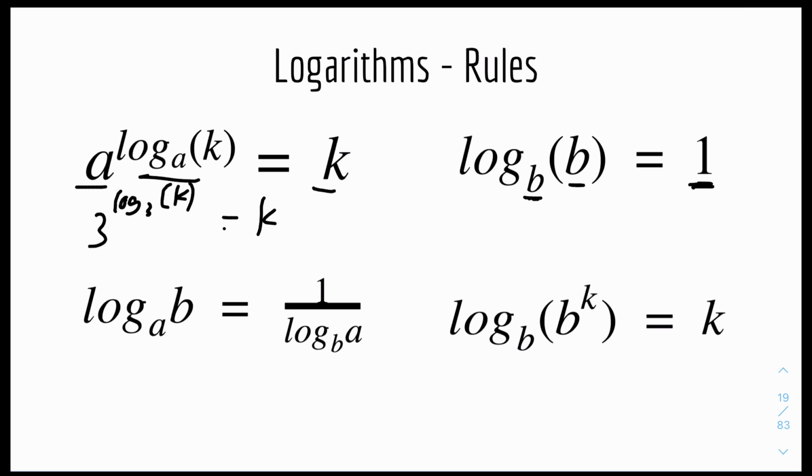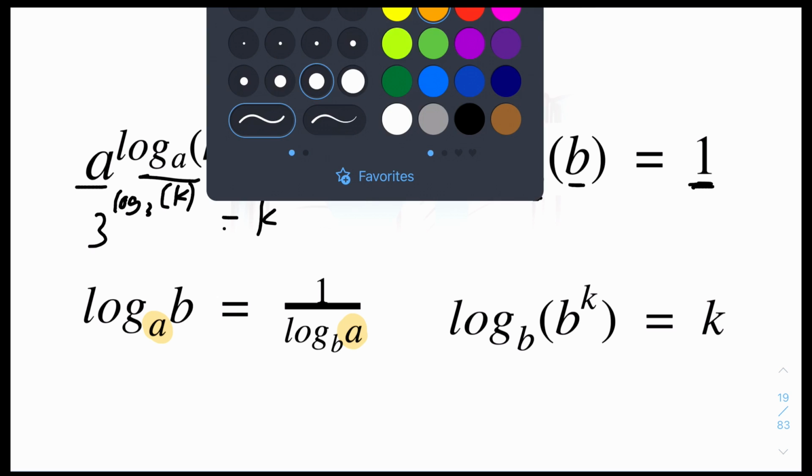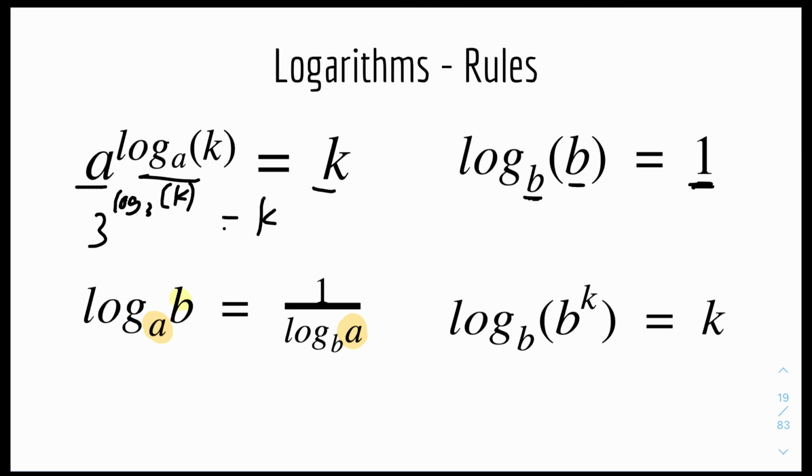So next we have log to the base a, b. If you reciprocate it in a way, it becomes 1 over log base b, a. So basically the base and the bracket flip, or reciprocate, right here. And then lastly, we have a similar example to just now, where you have log base b and brackets b to the power of k is equal to k.